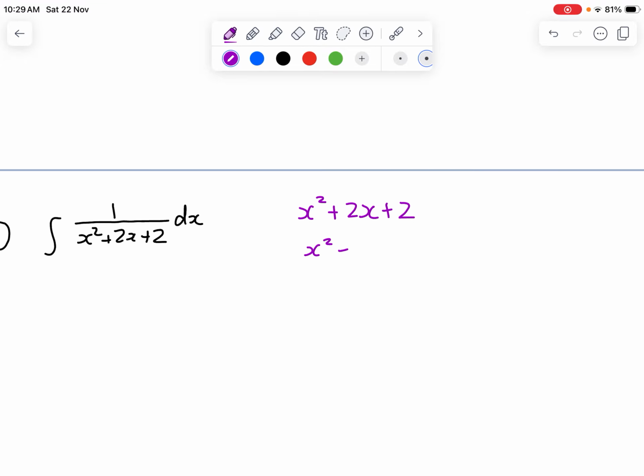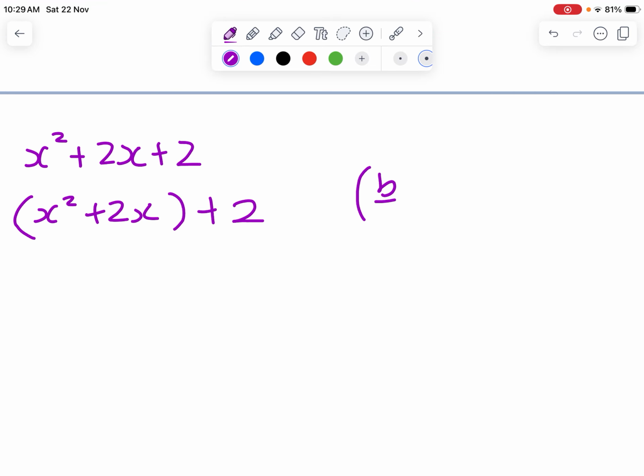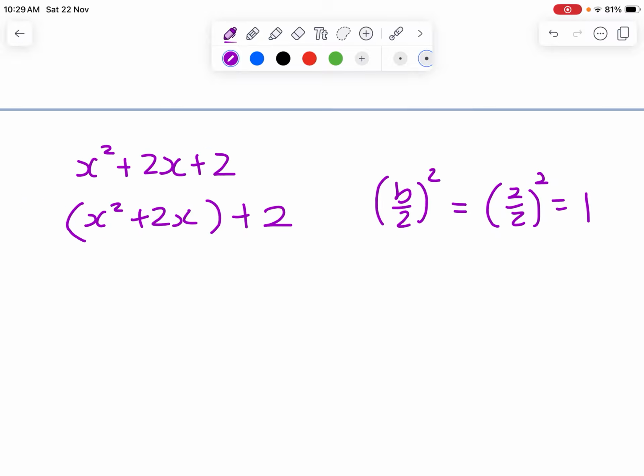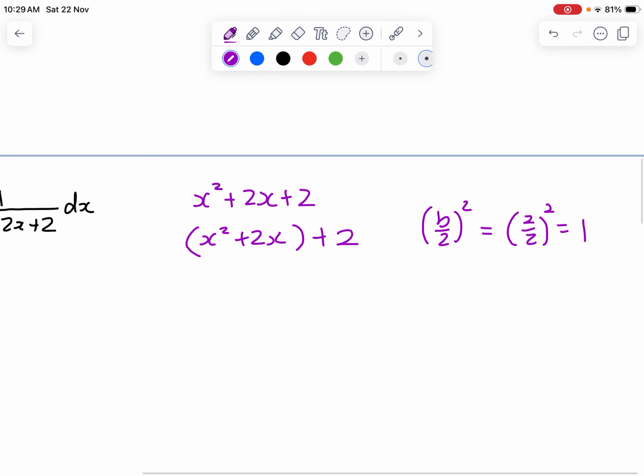So in this scenario, remember when we complete this square, we want to basically isolate the number outside. And remember the formula b over 2 squared when it comes to completing the square. So we got to identify what b is. In this scenario, b is 2. So 2 over 2 squared is just 1 squared, which is just 1. So when we get this value, what we want to do is add it in to our equation.